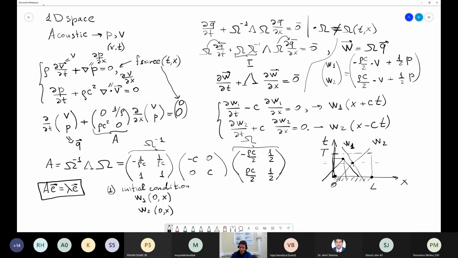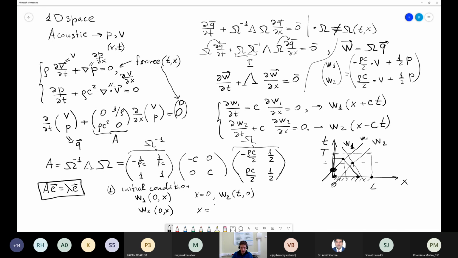And this characteristic line will go out of our domain, so we don't have some medium here. That's why we have to specify explicitly a boundary condition on W2 only, because the value of W1 will be calculated based on the initial condition. So we have to set only a single one. For x equal to 0, we have to set only the value of W2 as a function of time at x equal to 0.